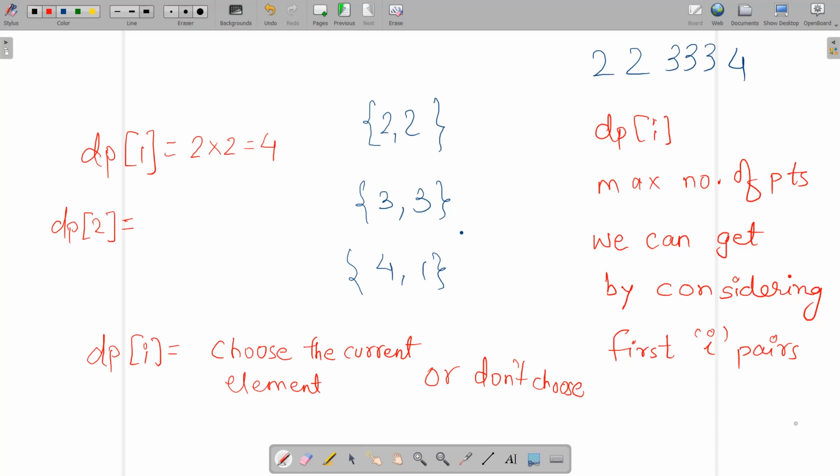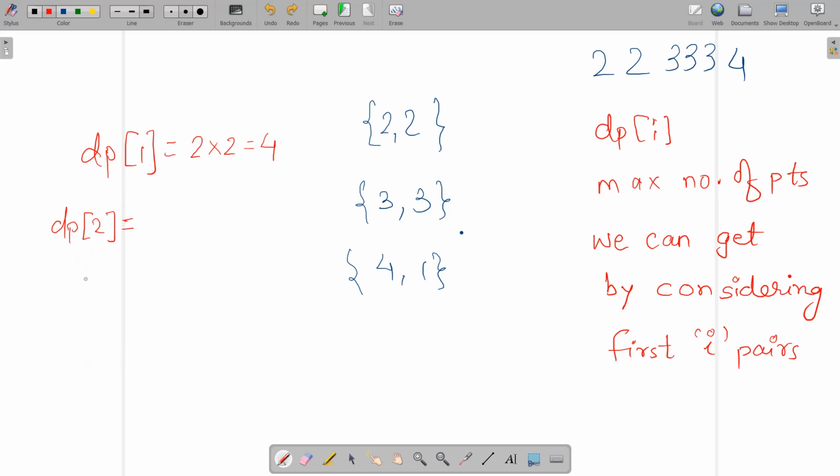There are two possible ways. Okay, so it totally depends upon the difference between the current value element and the previous value element. So we are going to check a condition, that is, let's say element of I minus element of I minus 1 is exactly equal to 1. You can see 3 minus 2 is exactly equal to 1 and 4 minus 3 is exactly equal to 1. So this condition will become true.